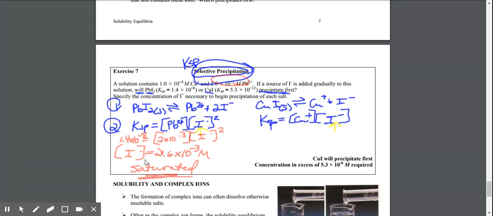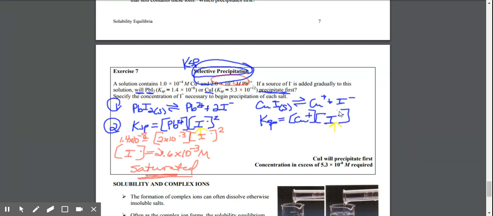Since this is a saturated sample, if I put in any more than 2.6 times 10 to the negative 3rd molar for my concentration of I, that will become supersaturated. And we learn from K versus Q that supersaturated means a precipitate will form. So this is like the threshold. This is the maximum amount of the I minus that this particular situation can hold before it forms a precipitate.